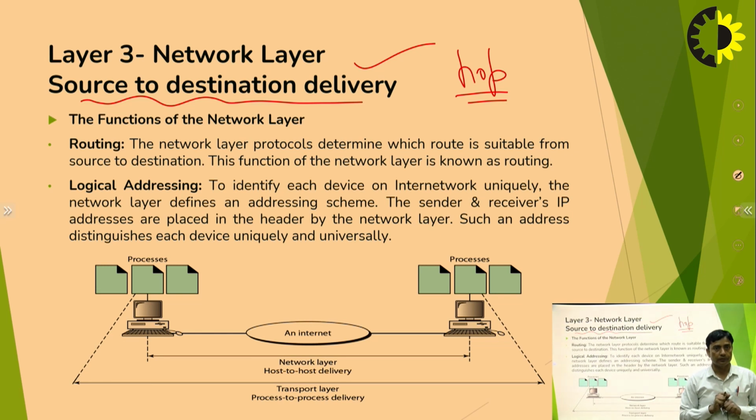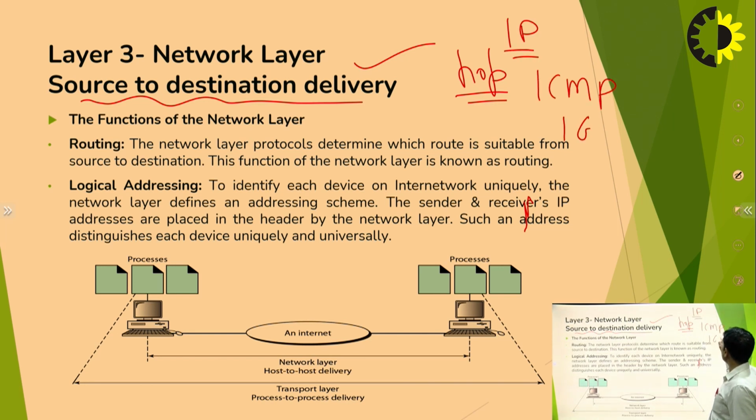For this purpose there are a number of protocols that work at this layer, like Internet Protocol, IP, ICMP, IGMP. Then there are routing protocols that decide the best route from one node to another, from source to destination.